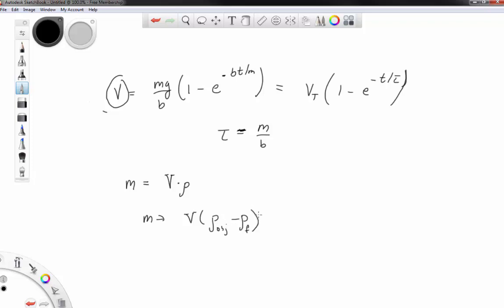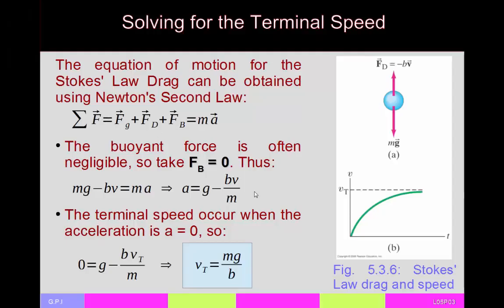Other than that, everything else basically stays the same. So this right here is basically showing what that equation for speed looks like. It is basically increasing, but the rate at which it's increasing is slowing down. And so at some point it hits this terminal velocity. In fact, it's actually asymptotic to the terminal velocity.